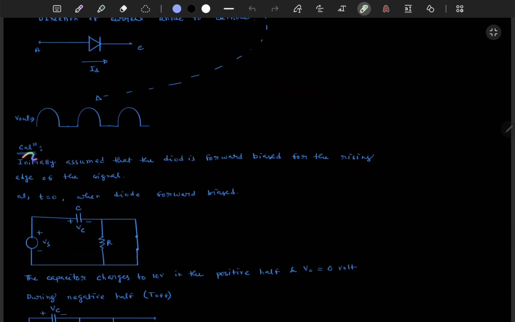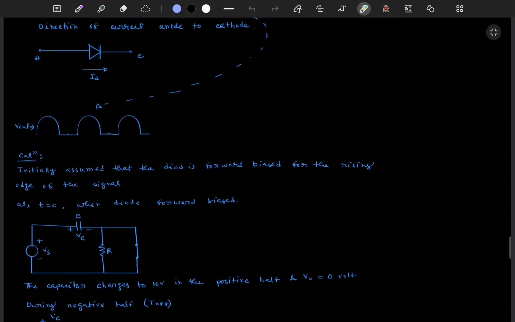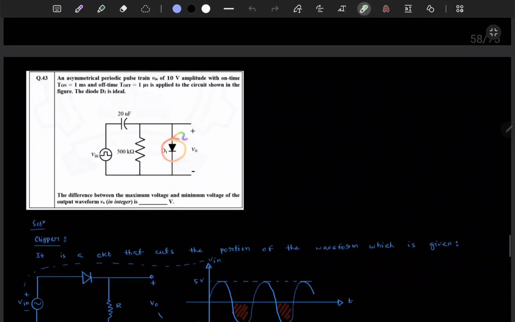Now coming to the calculation, initially assume that the diode is forward biased for the rising edge of the signal. So the diode will be forward biased in the positive cycle, and the diode is short circuited.